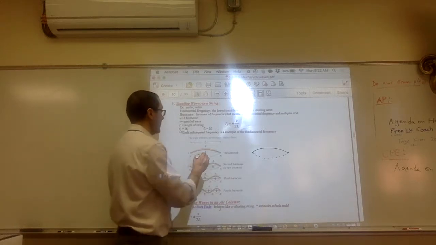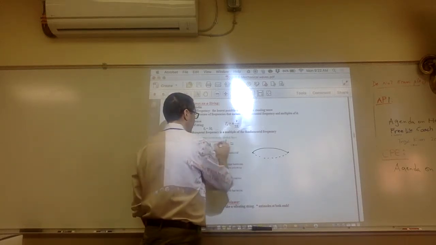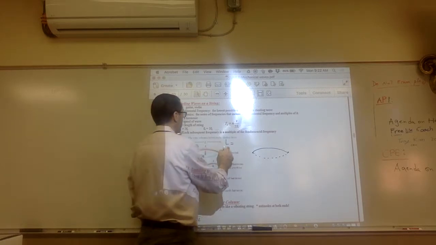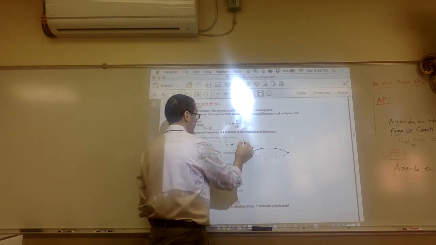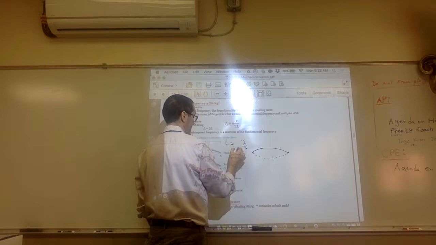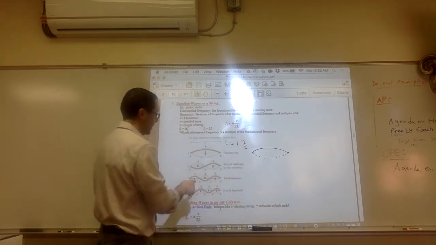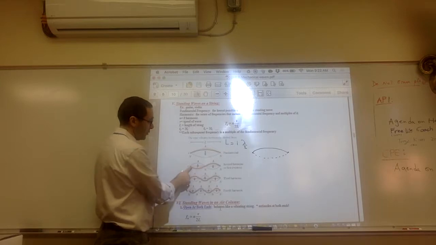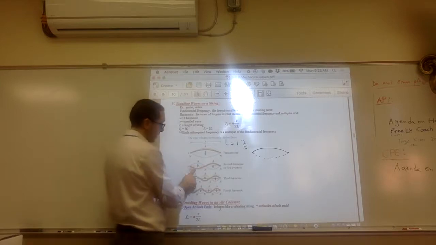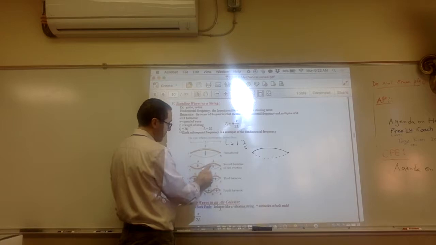Basically, in this length of the string, we're able to fit half a wave. You can have another scenario where you have a whole wave.